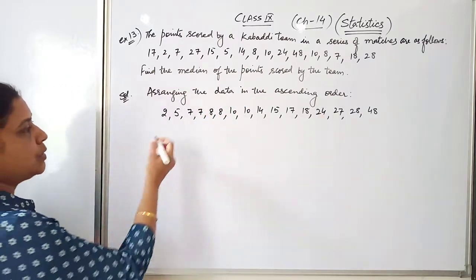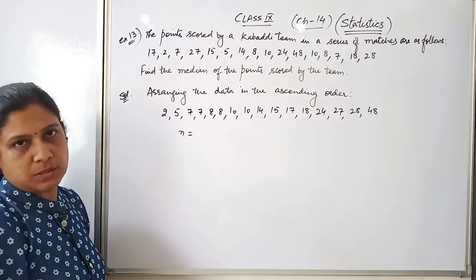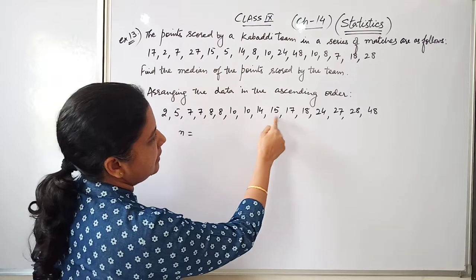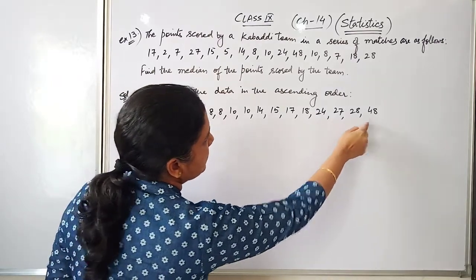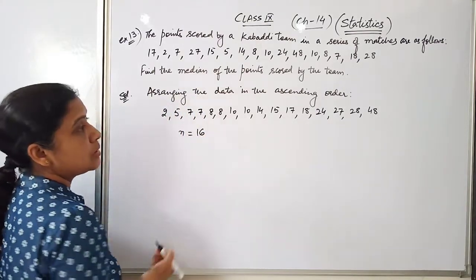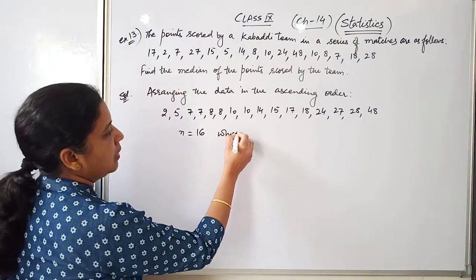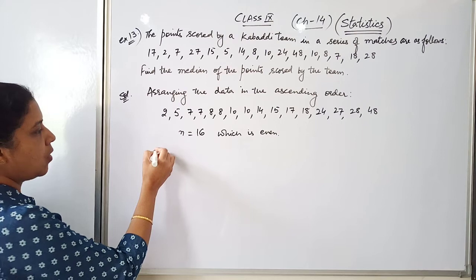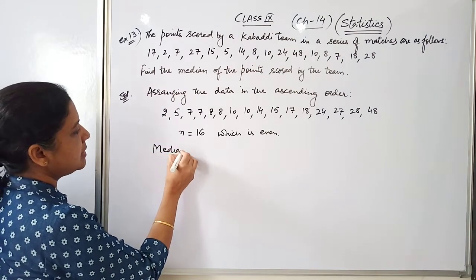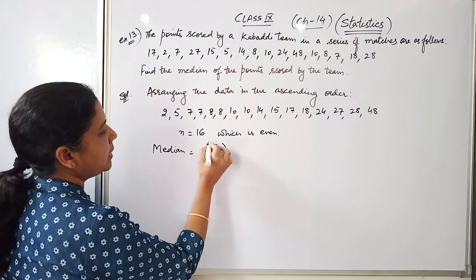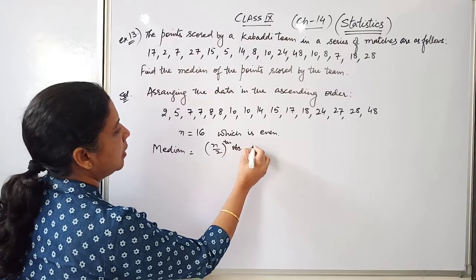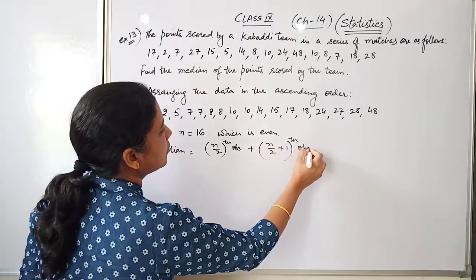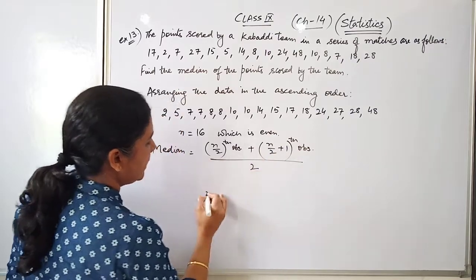Now, I am going to count the number of observations. 1, 2, 3, 4, 5, 6, 7, 8, 9, 10, 11, 12, 13, 14, 15, 16. So n is equal to 16, which is even. So I'll have to use the formula accordingly. Median is equal to n by 2th observation plus (n by 2 plus 1)th observation whole divided by 2.